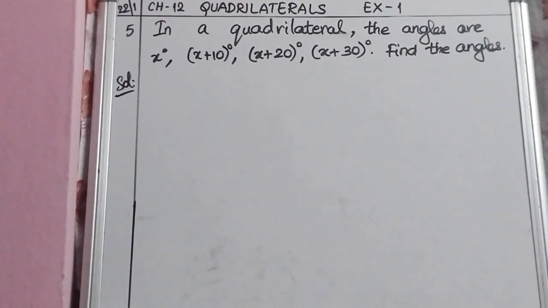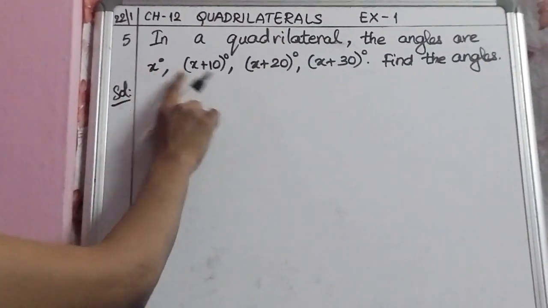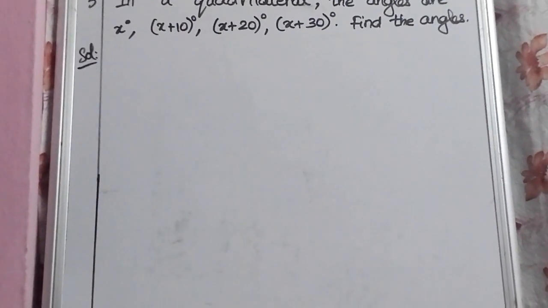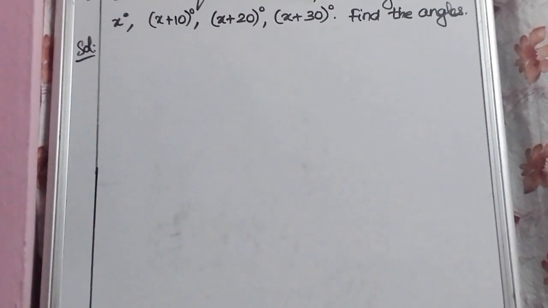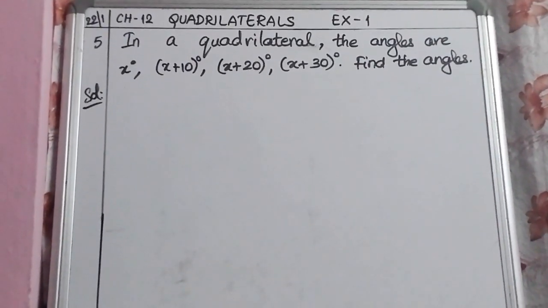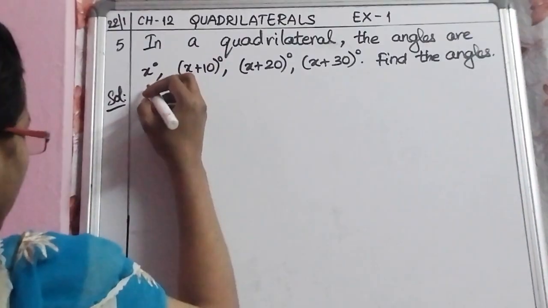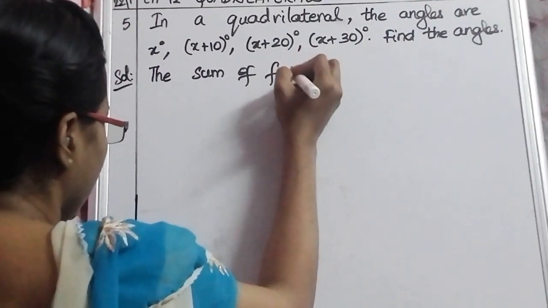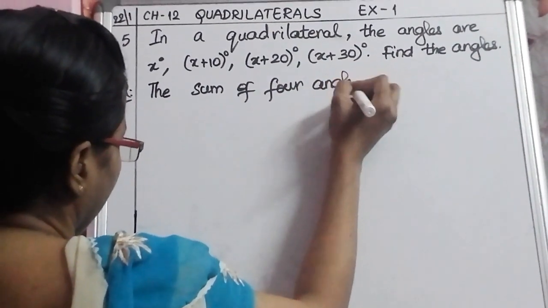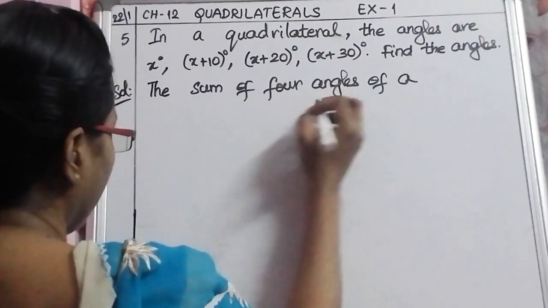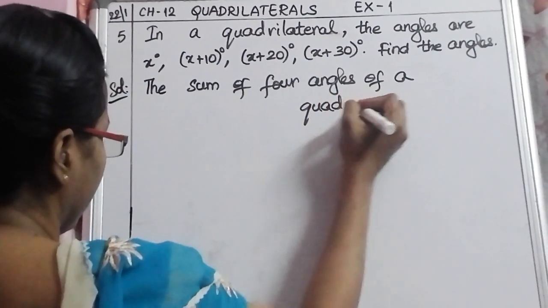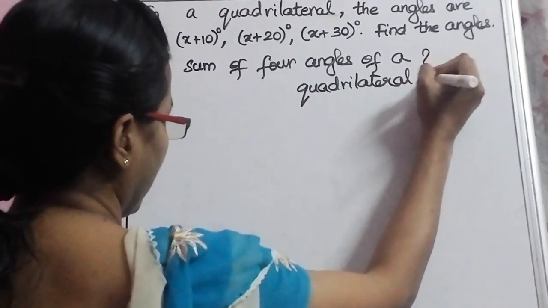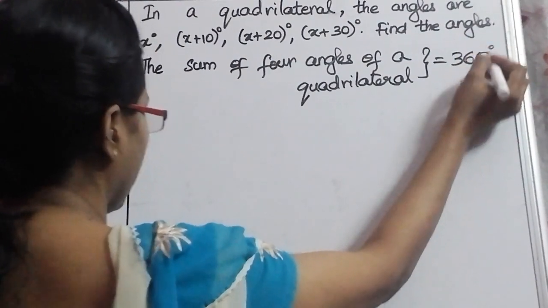Let us do the fifth problem. In a quadrilateral, the angles are x degrees, x plus 10 degrees, x plus 20 degrees, x plus 30 degrees. Find the angles. So to find out the angles, the first thing, what do you know already? The angle sum property of a quadrilateral. The sum of 4 angles of a quadrilateral is equal to 360 degrees.